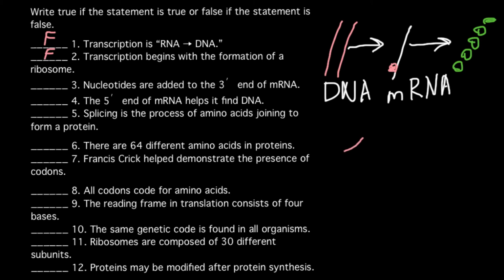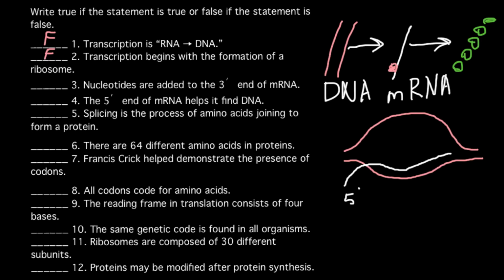And statement 3, nucleotides are added to the 3' end of the message RNA. Imagine that this is double-stranded DNA, and this is the bubble that we have when message RNA would be produced, and here we have message RNA. You have to remember that this end would be the 5' end, and this is the 3' end, and this is the direction in which message RNA would grow.